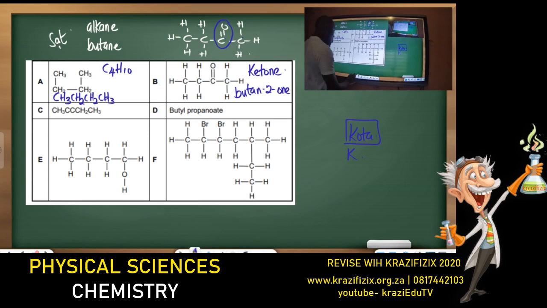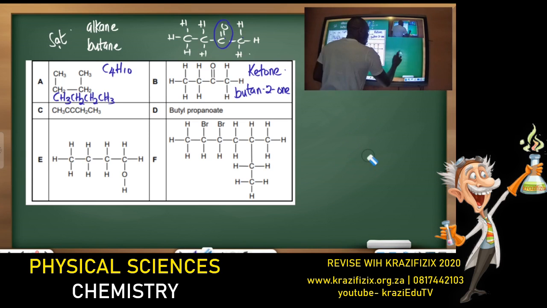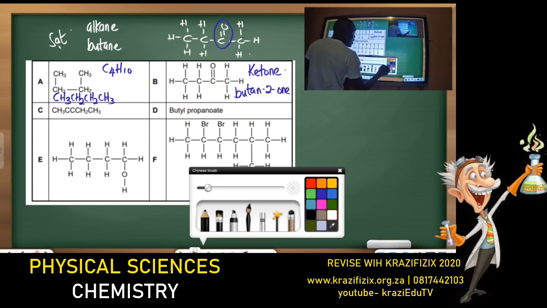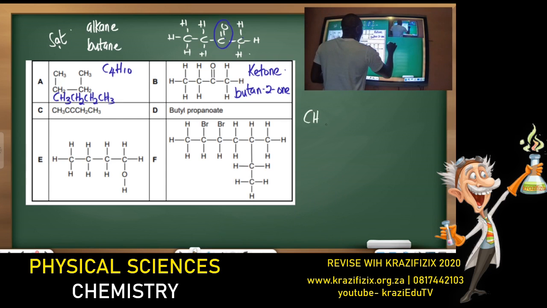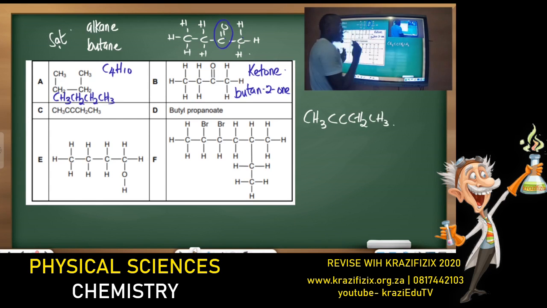Let's go to the third one. We're just quickly moving through before we start answering. You need to familiarize yourself with the whole structure before you start answering questions. Otherwise, you might miss something out. C is CH3, CH2. If you are not sure here, please draw the structure.